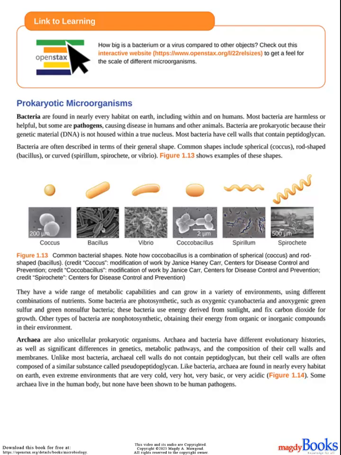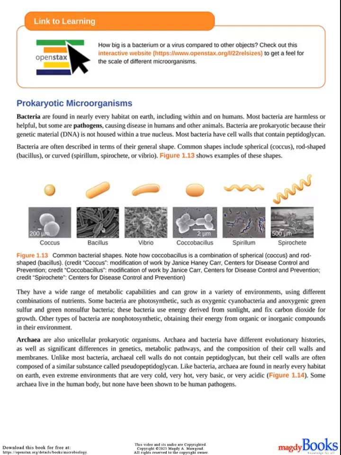1.3.1 Prokaryotic microorganisms. Bacteria are found in nearly every habitat on Earth, including within and on humans. Most bacteria are harmless or helpful, but some are pathogens, causing disease in humans and other animals. Bacteria are prokaryotic because their genetic material, DNA, is not housed within a true nucleus.